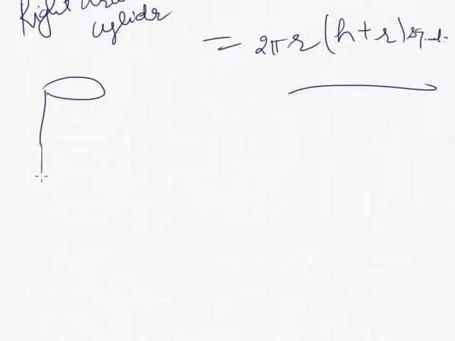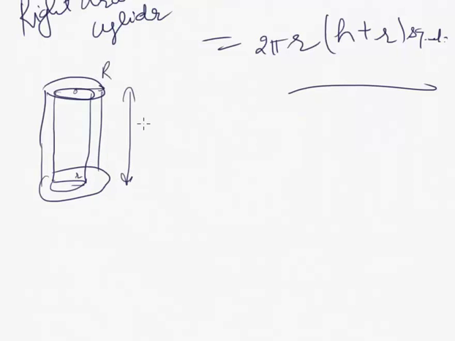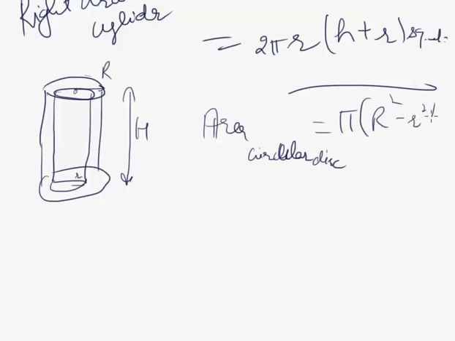So if we have a hollow cylinder, that is, we have some internal radius with small r and some external radius with capital R and the height as h, then for such a case the area of these top and bottom parts will be, that is, area of say circular disk, it will be pi (capital R square minus small r square), because all in all it will be pi R square minus pi small r square.